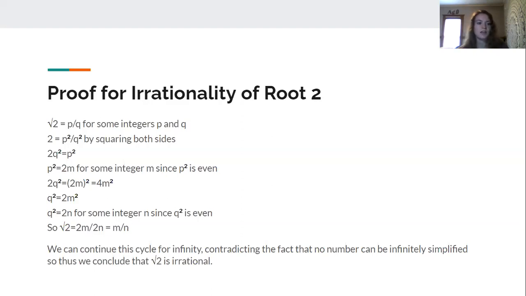Then we can say that we know q squared is going to be an even number, since q squared equals 2m squared. So since it's even, we can say that q squared equals 2n for some integer n.